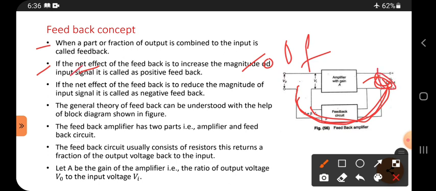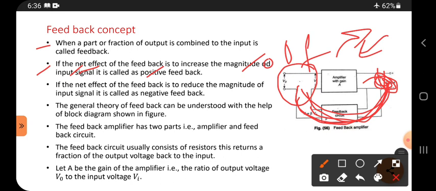Suppose what you are getting from output to the input, if the input signal increases, that is called positive feedback. If the input signal decreases when we add part of output to the input, that is called negative feedback. If the net effect of feedback is to decrease the magnitude of input signal, it is called negative feedback.